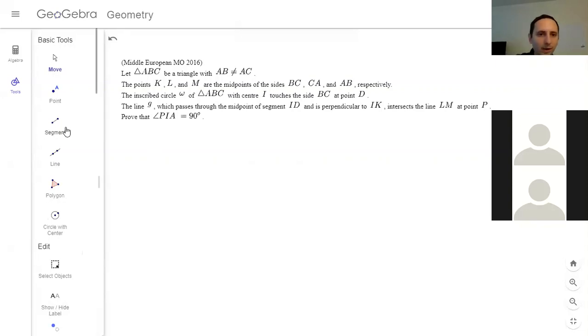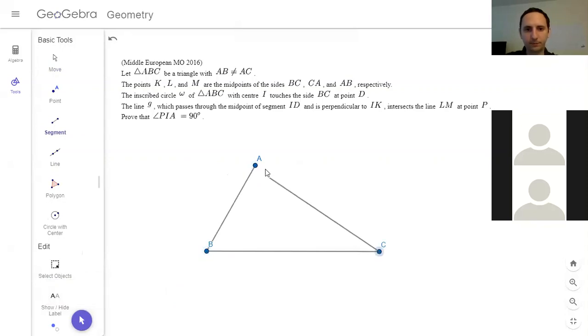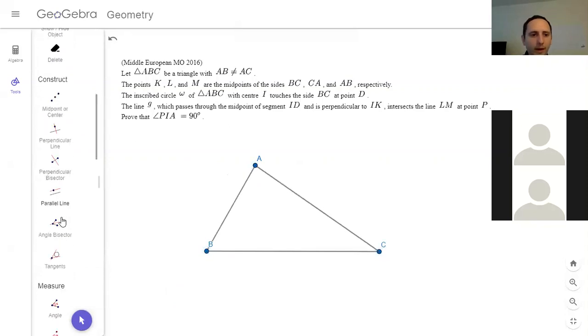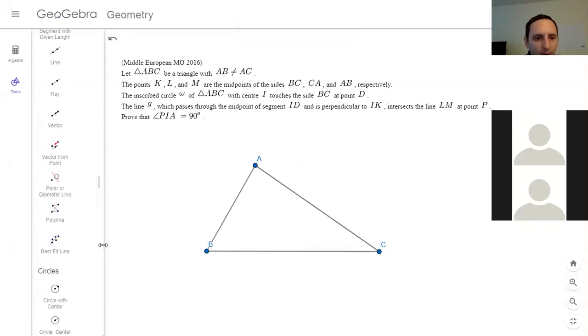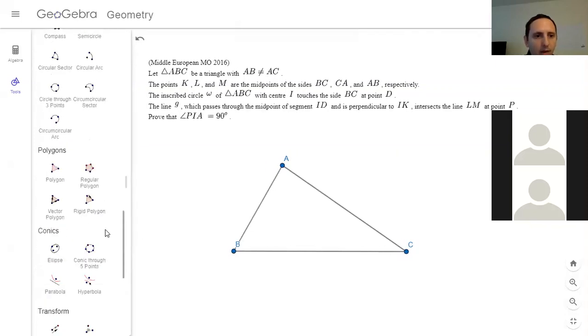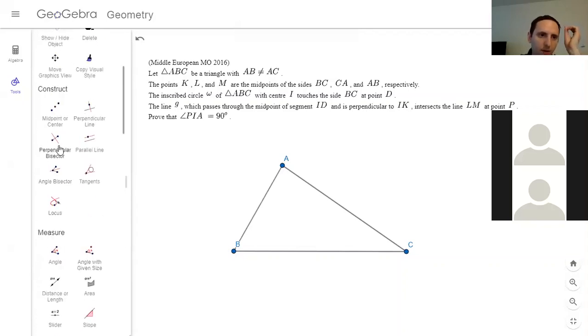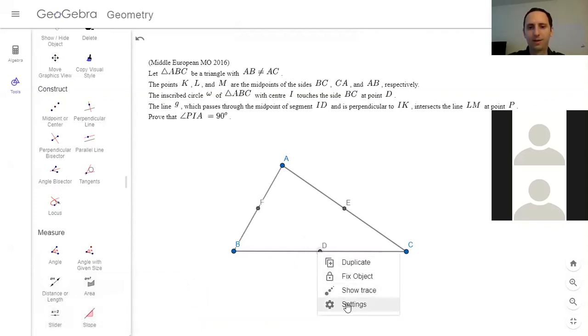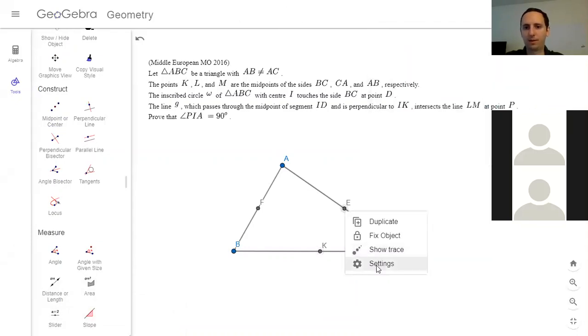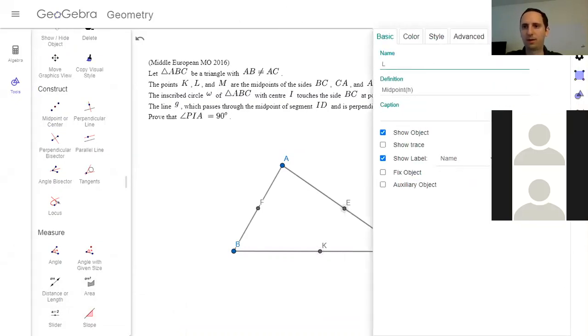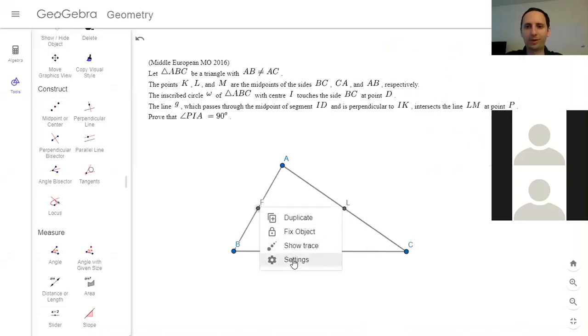All right, so we have a triangle ABC. K, L, and M are the midpoints of each of the sides. We went through these fast.